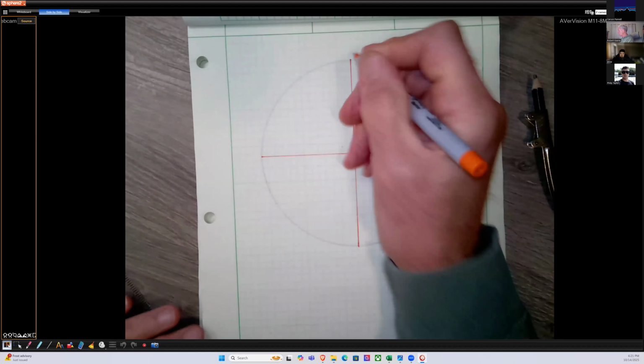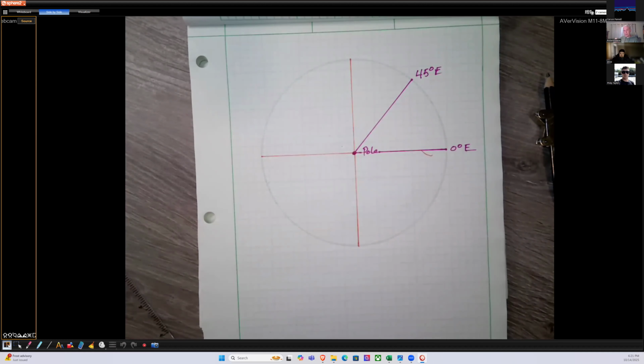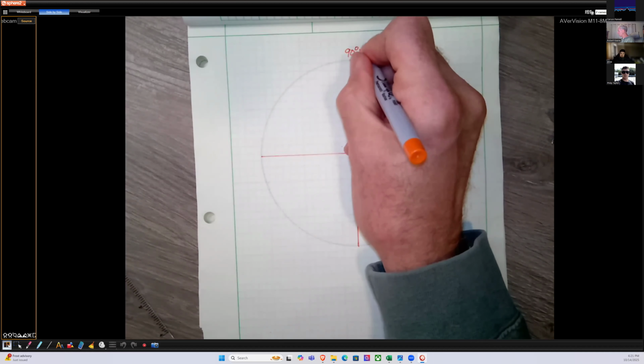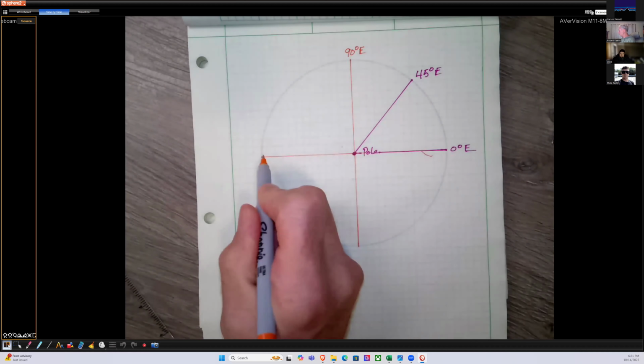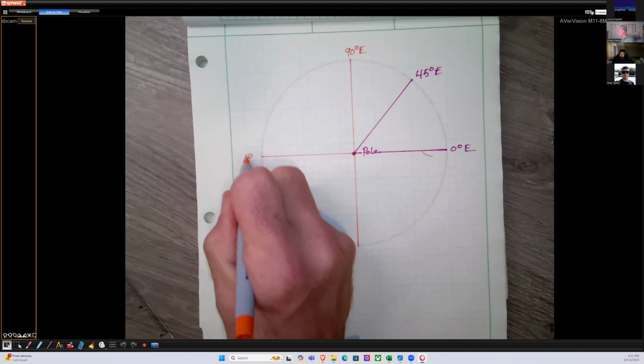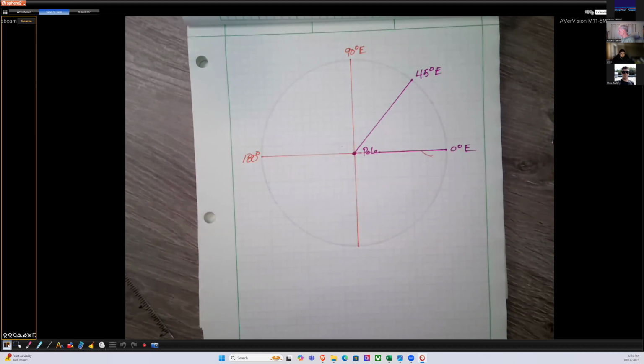What would this one be, from the pole outward? Remember, we're looking down, so there is no north, south, east, west here. That's your 90 degrees east longitude. And this here would be 180. And then this would be 270.